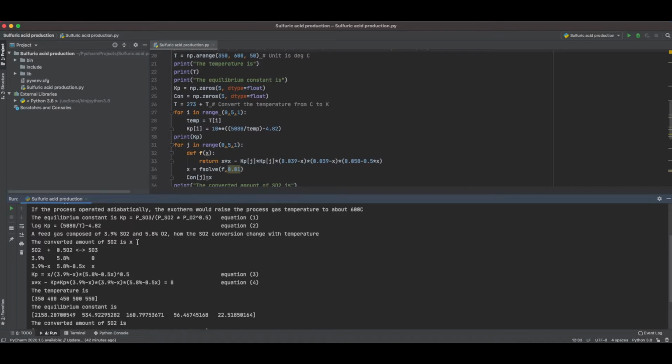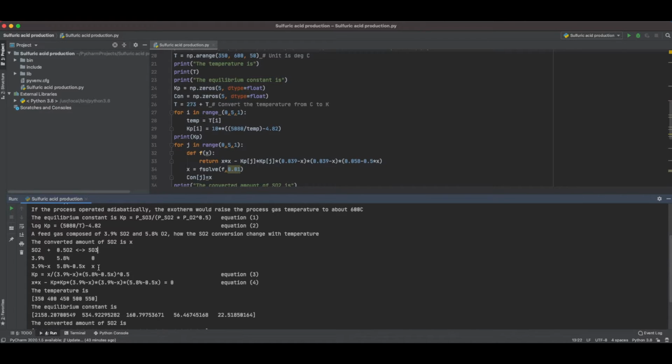Let's assume that is X. We know at time 0, we have 3.9% SO2, 5.8% oxygen, and we don't have any SO3. If the converted amount of SO2 is X, then at the equilibrium the amount of SO2 is 3.9% minus X. Oxygen is 5.8% minus half X, and SO3 is X.